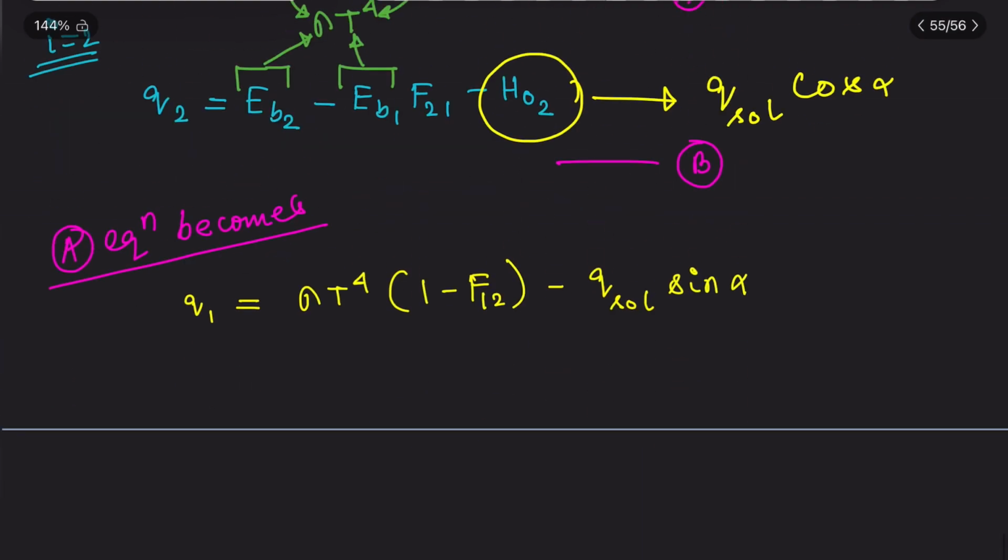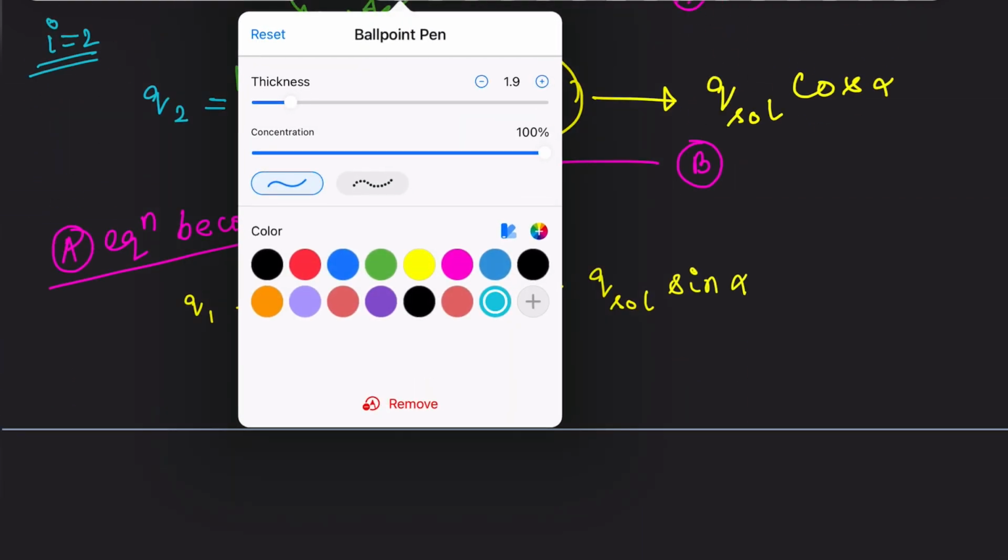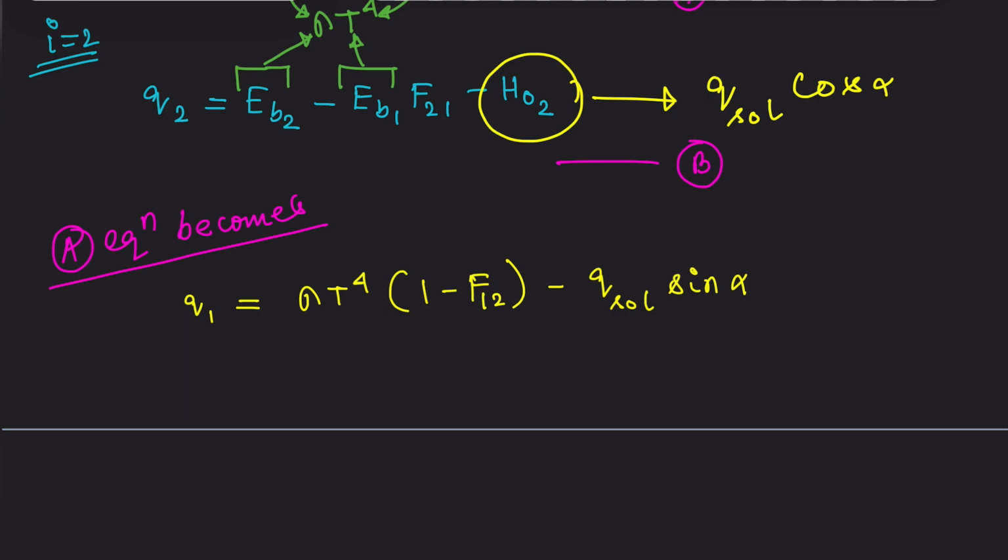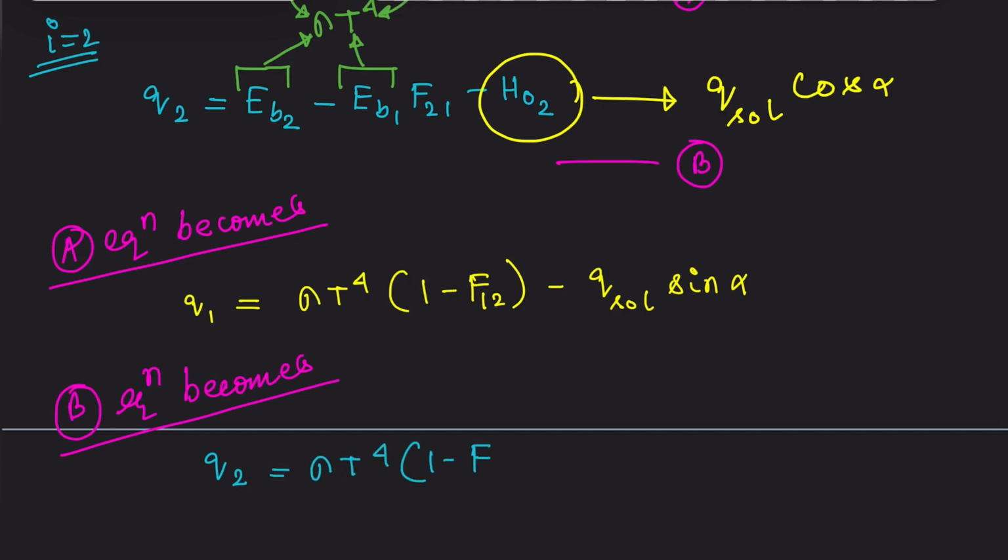Similarly, B equation becomes Q2 equals sigma T to the power 4 into 1 minus F21, minus Q sol cos alpha.